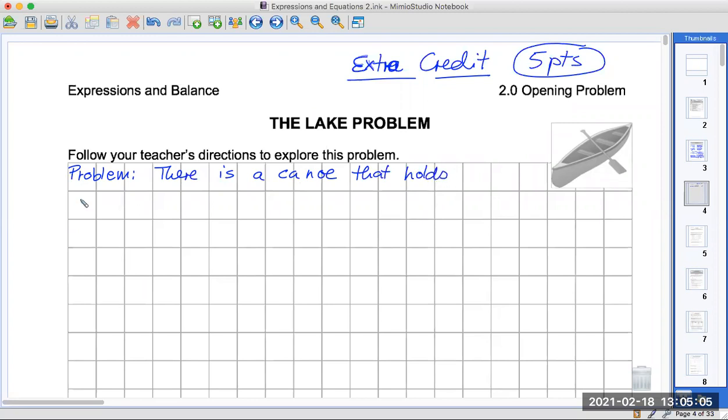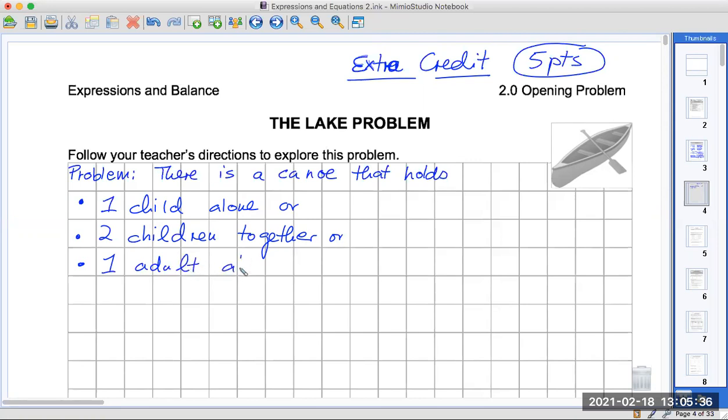I'm going to put that under caption. One child alone, or 2 children together. Kind of weird, but or 1 adult alone.